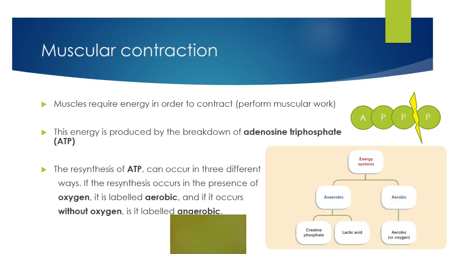The resynthesis of ATP can occur in three different ways. If the resynthesis occurs in the presence of oxygen, it's labeled aerobic, and if it occurs without, it's labeled anaerobic. So two energy systems resynthesize ATP anaerobically, the creatine phosphate and the lactic acid, and we've got one that occurs aerobically, and that's called the aerobic system.